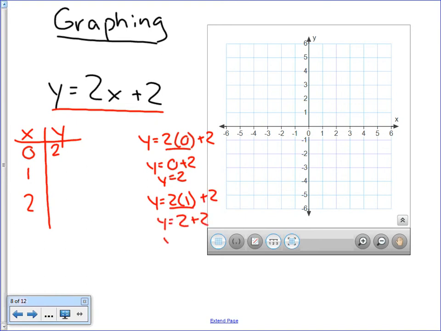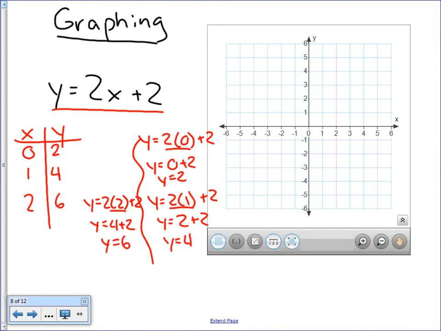So y equals 2 plus 2. y equals 4 for that y value. So 1, 4. And plugging in 2, I'm going to do that work over on the left. y equals 2 times 2 plus 2. 2 times 2 will give me 4. y equals 4 plus 2. So y equals 6 for that one.